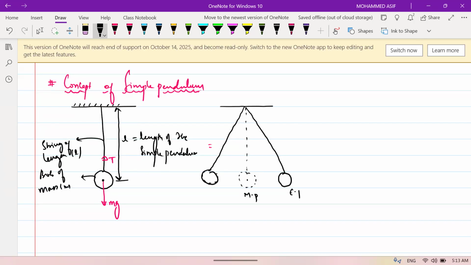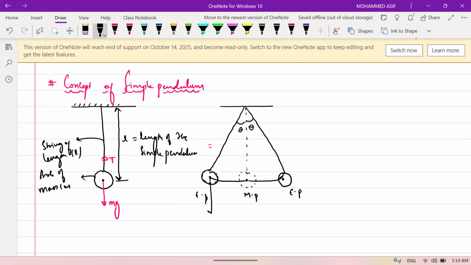This one is known as your extreme position. So the bob has gone from here. The center of mass is this one, making an angle of theta. This one is also making an angle of theta. Clear?